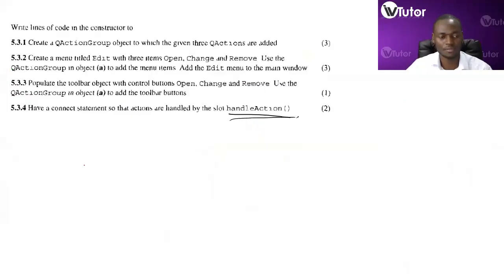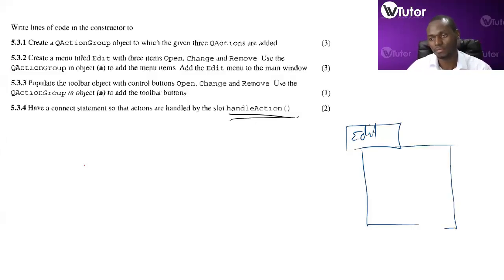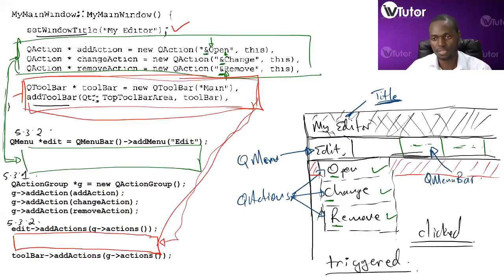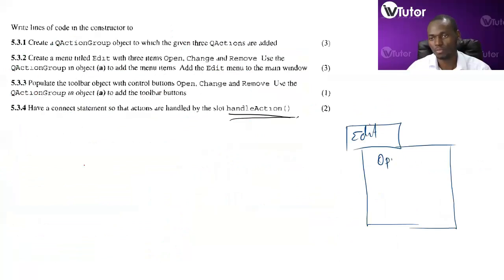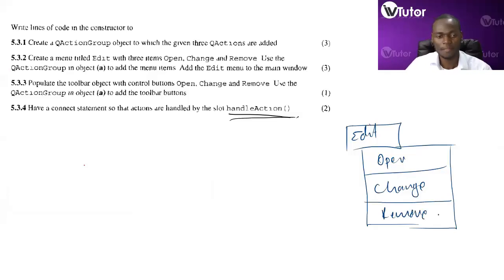Because remember, if we have edit sitting here, and here's our drop down, you've got open, change, remove. The moment you click any one, so let's say you click change here, with that one click, this will emit a signal called triggered, right?